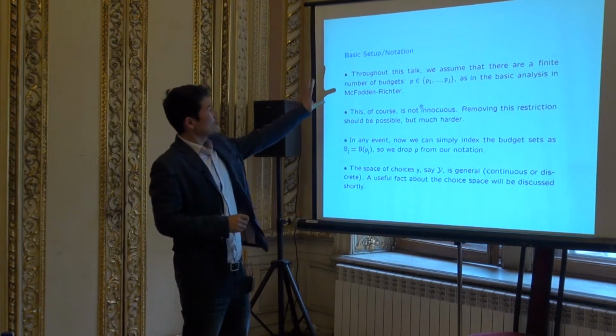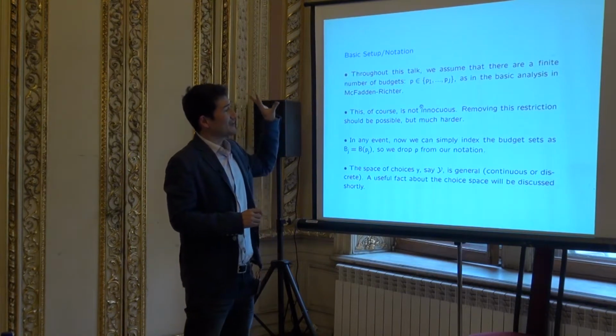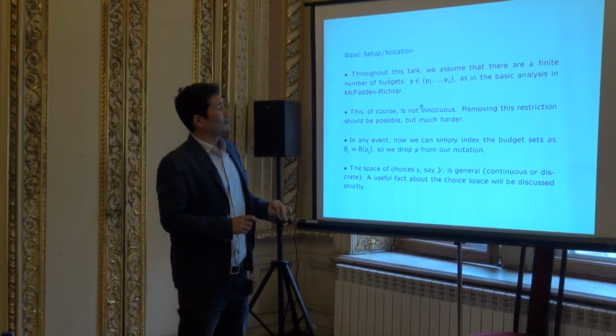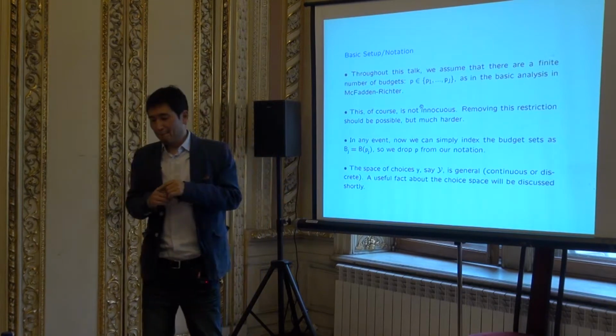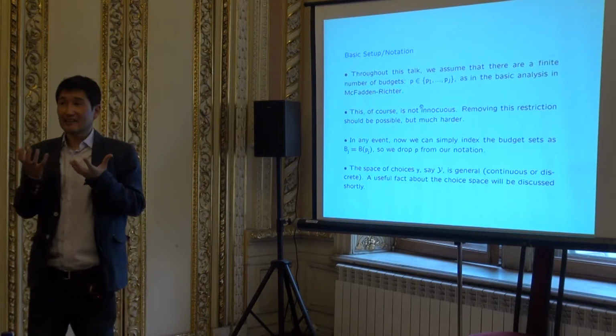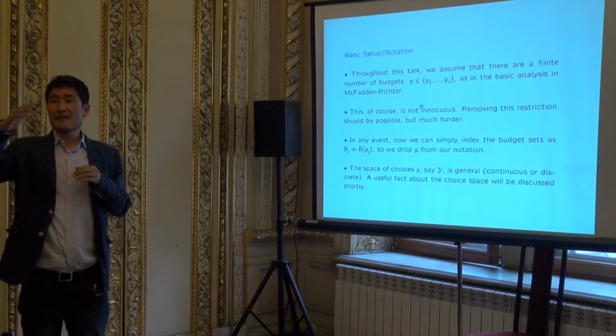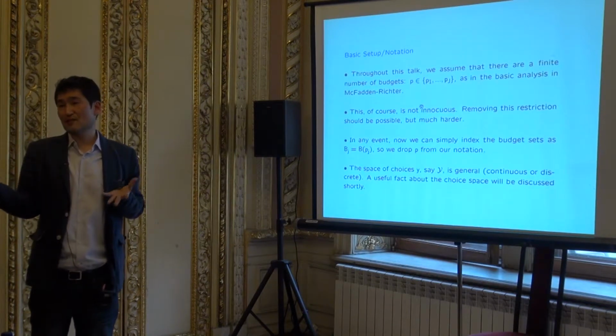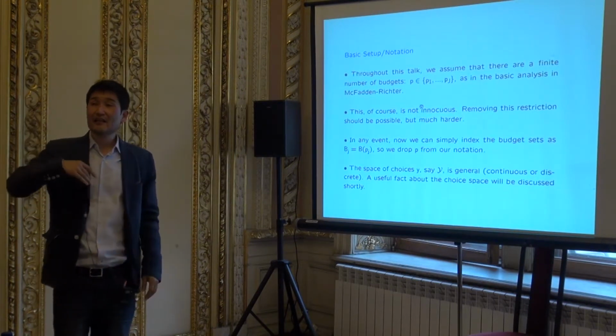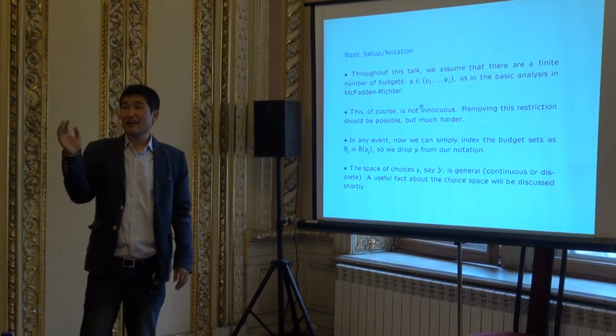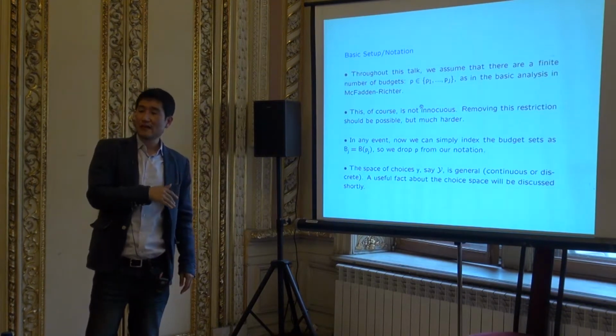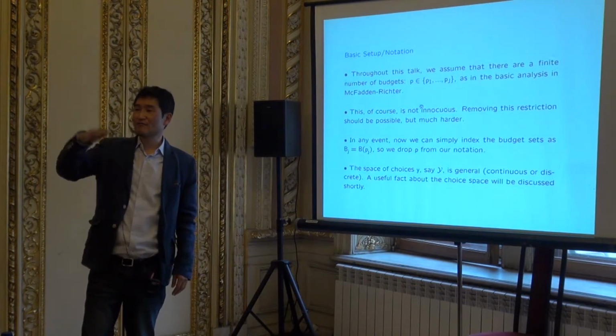Okay, so there are just a finite number of budgets. Of course, in reality, you might want to consider a continuum of budgets, especially because we have individual income levels, and of course, income is a continuous variable.